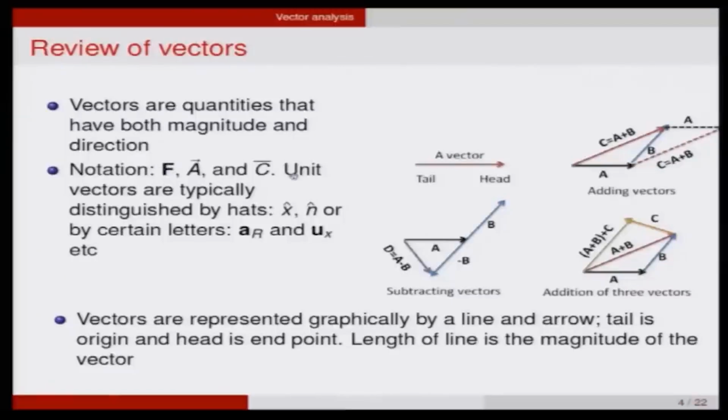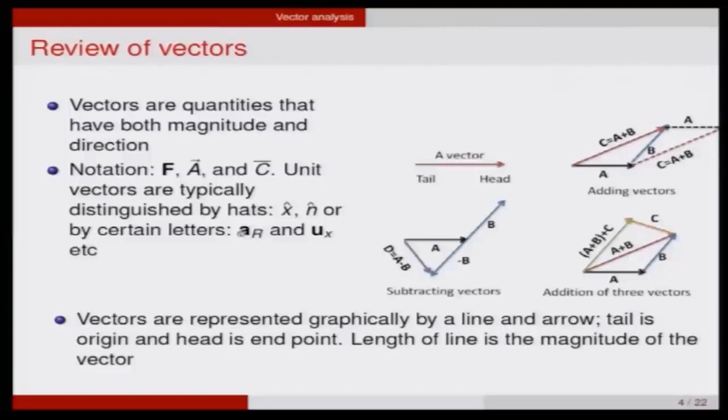We also denote unit vectors. We will discuss what unit vectors are later. So, we denote unit vectors by putting a hat or a caret on top of the letter. These letters could be small letters. So, for example, here x hat indicates a unit vector in the direction of x coordinate, n hat indicates a unit vector in the direction of n, or you sometimes find notation by putting a bold face small letter and then putting a subscript to indicate the direction of the component.